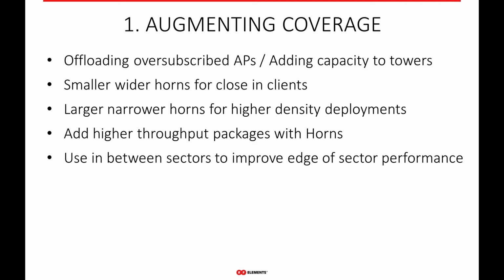Like we talked about earlier, the customers at the edge of your traditional sector usually have much lower performance because of the imbalance of the vertical and horizontal beam coverage of a traditional sector. You could use horn antennas to offload those customers and keep your current customers in the sweet spot, the very narrow center part of your traditional sector. So these are some of the scenarios we'll go over in a little more detail to help explain those.